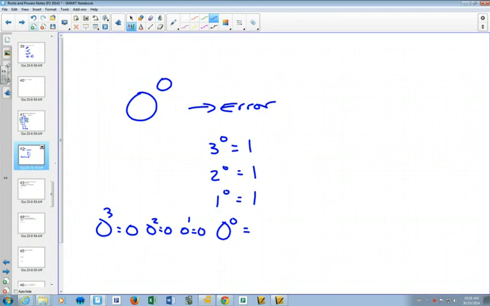So in mathematics, when two patterns conflict, when you have one thing saying it should be 1 and someone else saying it should be 0, and both patterns seem to make sense, the common thing to do in mathematics is just say, no, it doesn't work, it's undefined, it's an error. Because we can't have something equal two different things at the same time.